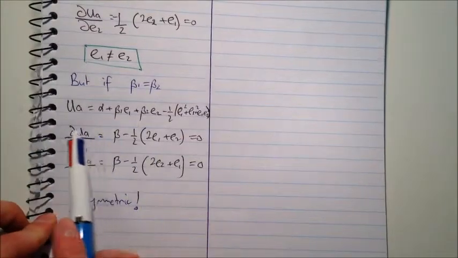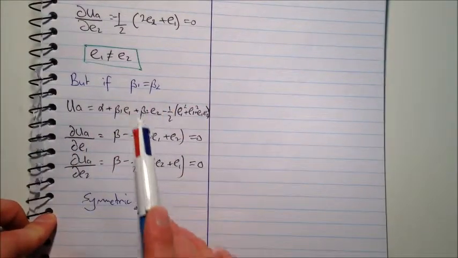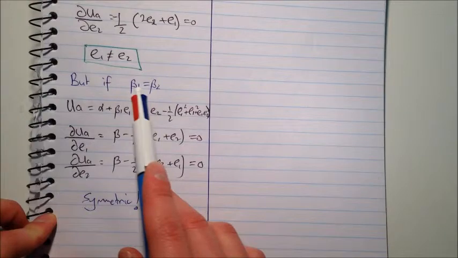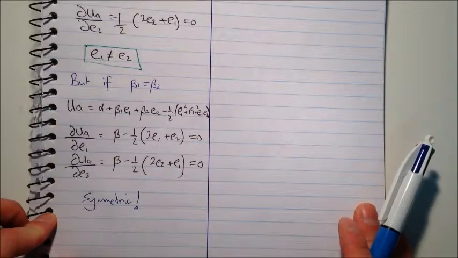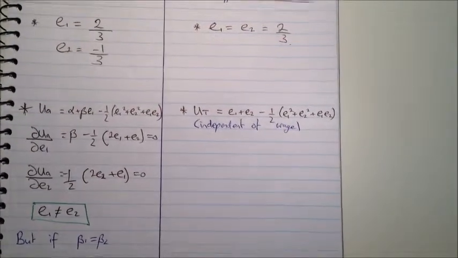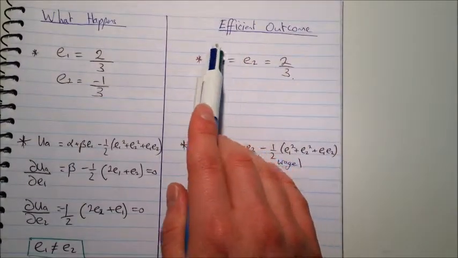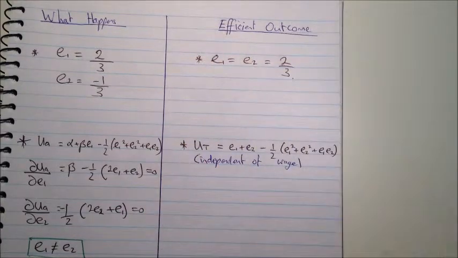He would then maximize this utility function with respect to the two effort levels, and if beta 1 equals beta 2, then we would get the symmetric result that we found in the previous question, and going through the maths we would find the efficient outcome, that is E1 is equal to E2, which is equal to 2/3. And accordingly, what this says is that the principal needs to incentivize the agent equally in both tasks in order to achieve the efficient outcome.